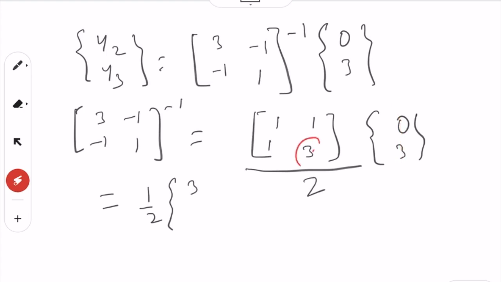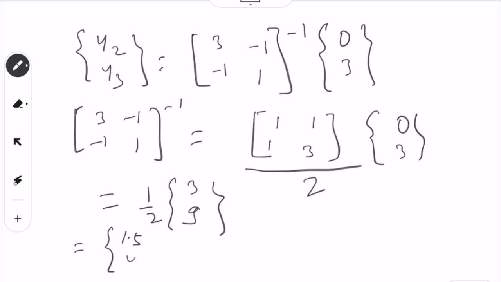So 3 multiplied by 3, you have a 9 here. So you get 9 here, okay, like this, and is equal to 1.5, and you have 4.5. Okay. So this is what your answer is.